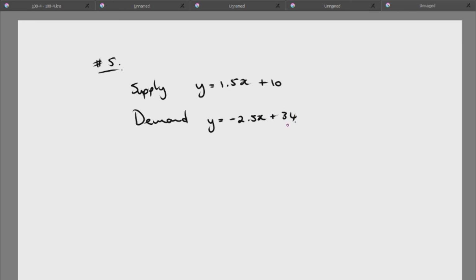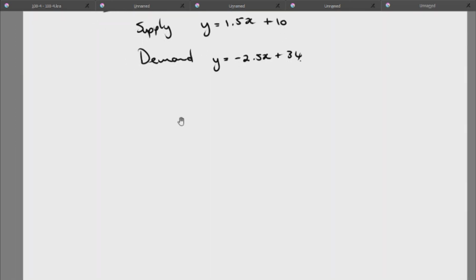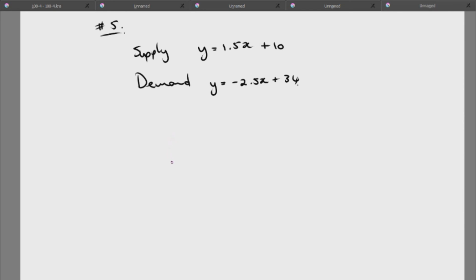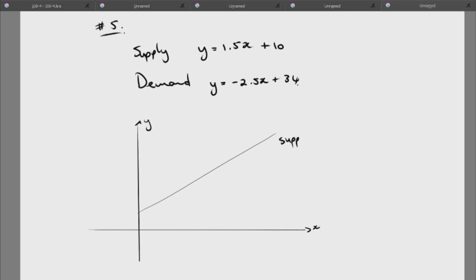All right. So just in case you've never thought about supply and demand, this is often something where straight lines can be used very nicely. I'm going to do a very rough graph because we don't really need more. The supply is going to look something like that. Supply. The demand has a negative slope, which means it sits something like that.